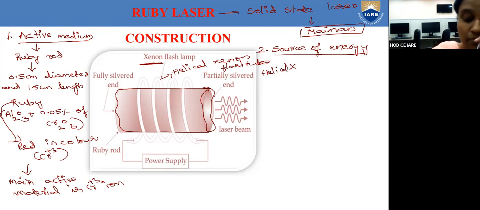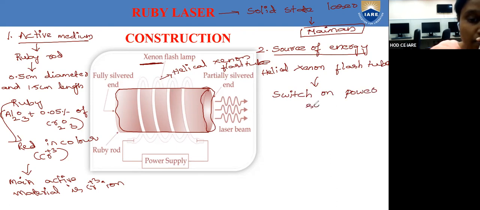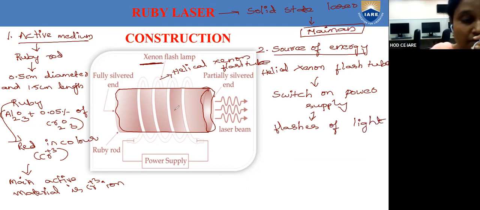When the power supply is switched on, this flash tube gives us flashes of light, just like when we click a camera and get a flash of light.